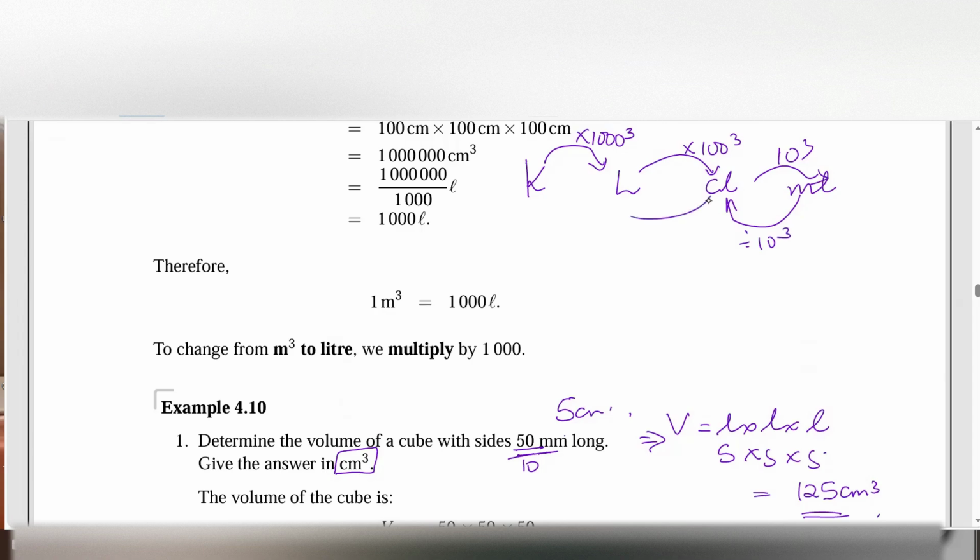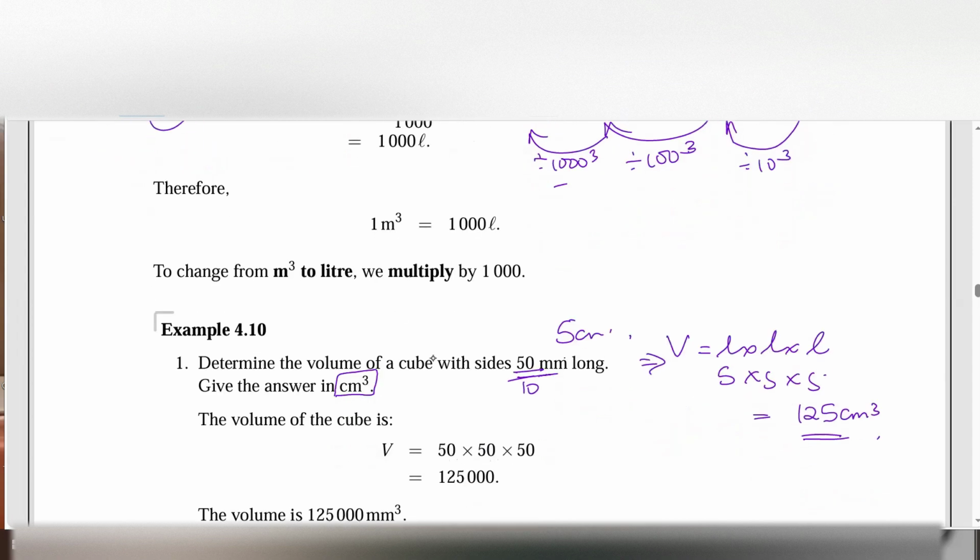I think when I put the cube, it's going to make more sense. So it's the same as kilometers cubed, meters cubed, centimeters cubed, millimeters cubed. When you do the conversion, we just have to express it with exponent 3.